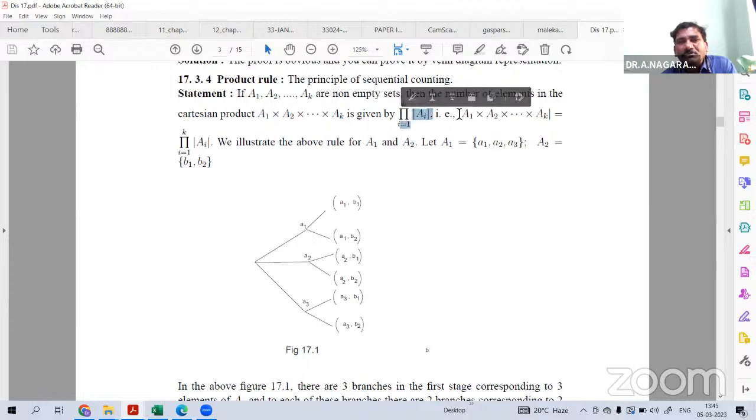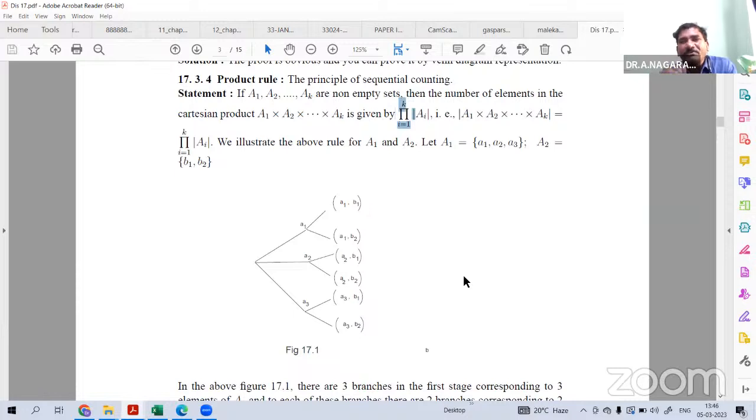It means that all of them together should be multiplied. Here |A| means the total count, so the product is |A1| times |A2| times and so on times |AK|. The product is represented symbolically by pi, with i equal to 1 to K, since we have K sets.